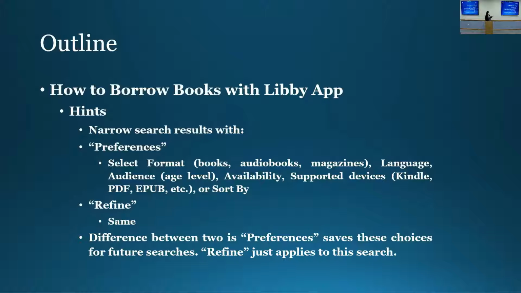So say you're looking for a certain book and then you decide, well, I want it in this format or in this language. The difference between the two is that preferences save those choices, so that is linked to your account, and refine just applies it to that search that you're looking for in that specific session.